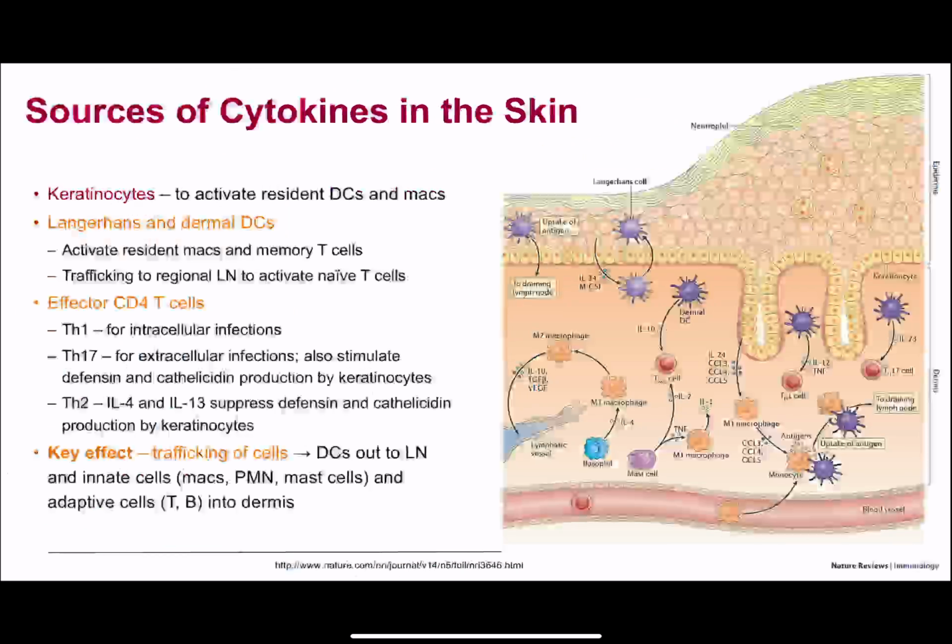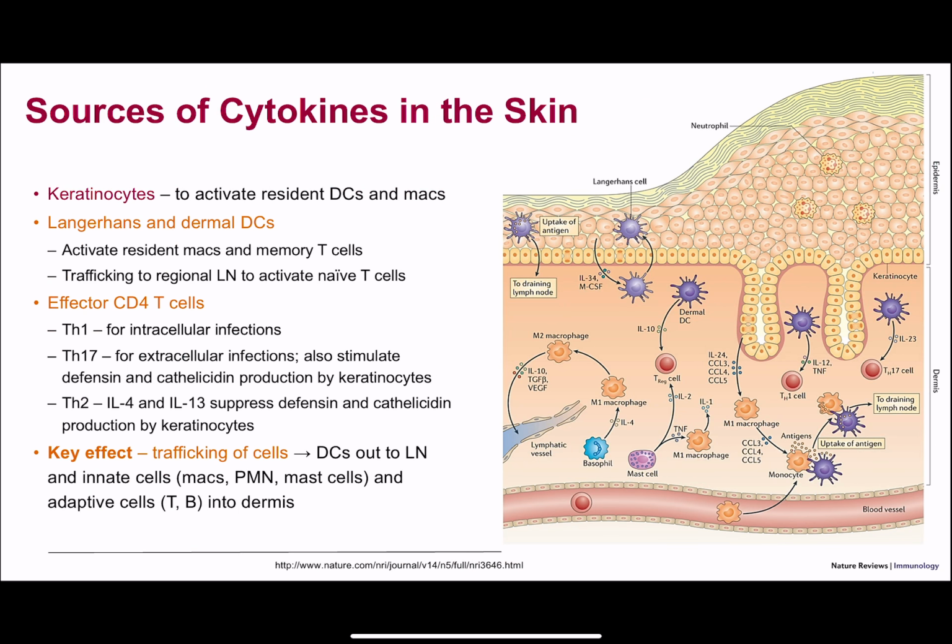Remember, they're innate cells. But the key point here is setting up the right cytokine environment so that you have trafficking of the dendritic cells to the lymph node to educate the T cells, activate the B cells, and then bring them back, the T cells and the antibodies, to that infected site in the skin.